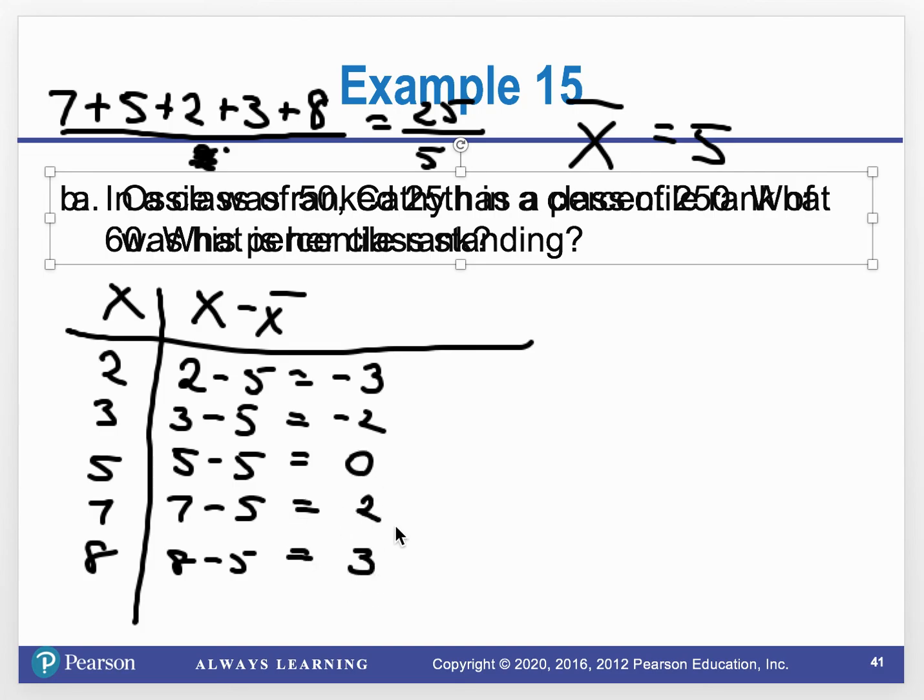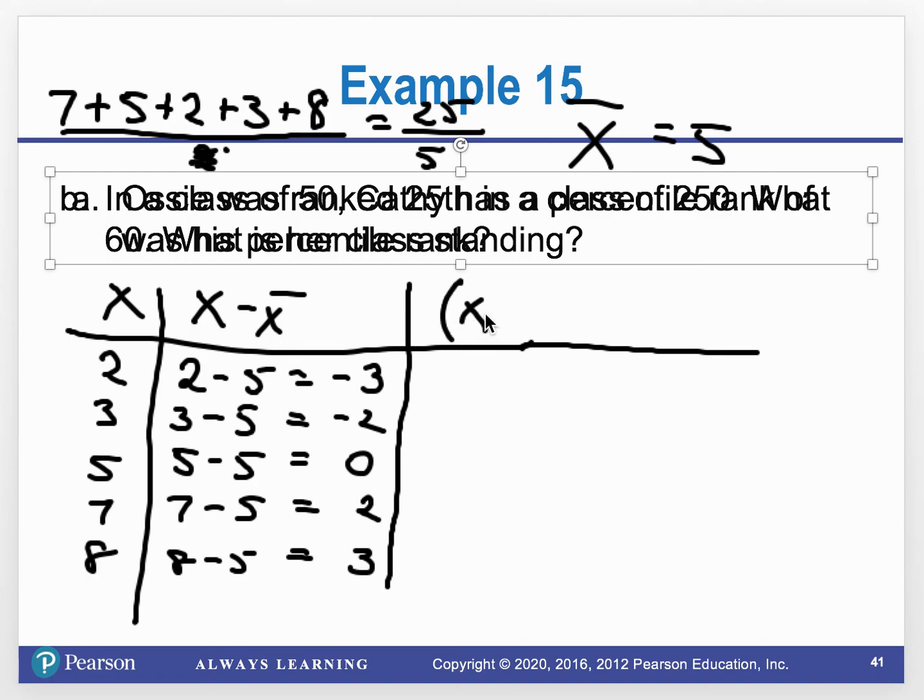And here's kind of a double check: I always like to take a glance and see if this will add to 0. If it adds to 0, I feel comfortable I'm on the right path. If it doesn't, I've already made a mistake. That will always add to 0.